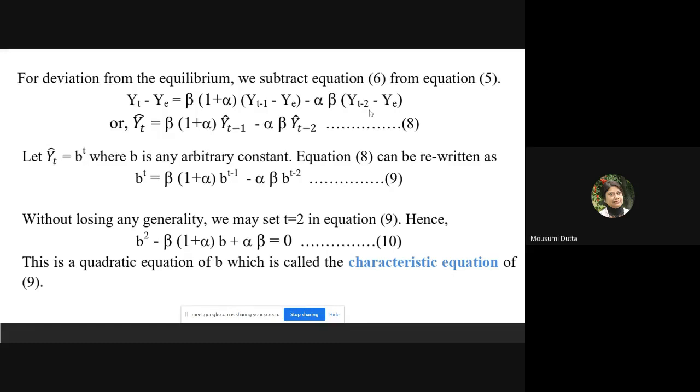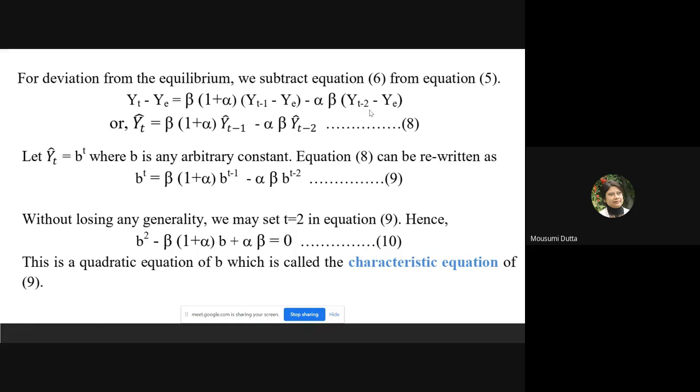Let YT hat be equal to B to the power T, where B is any arbitrary constant. This is not a trial solution as such. Actually, we need to write a quadratic format in case of a second order difference equation. In other words, we need to write the characteristic equation in case of a second order difference equation.